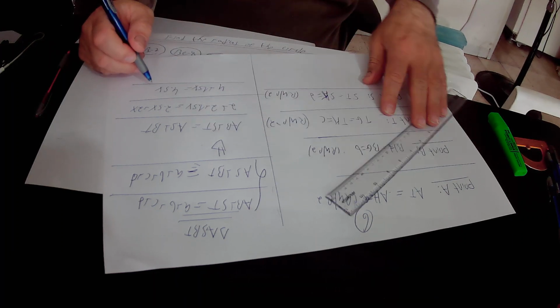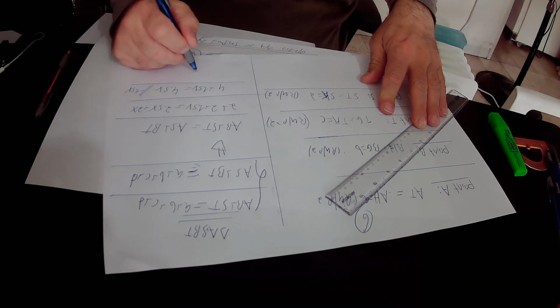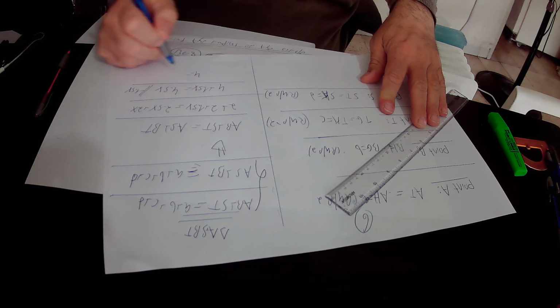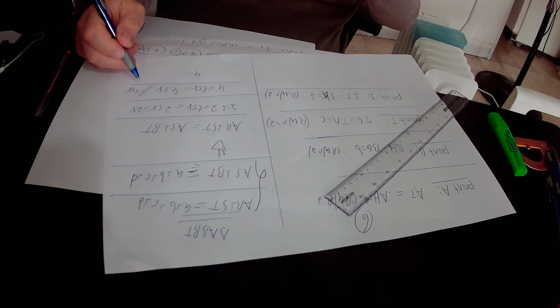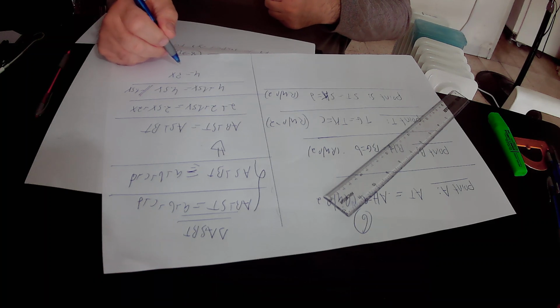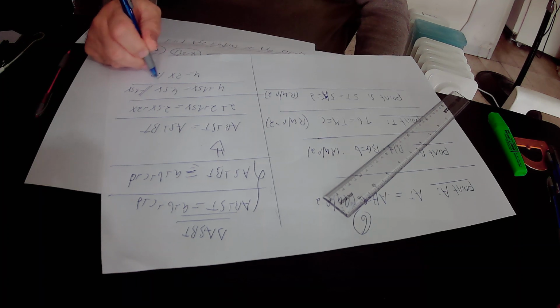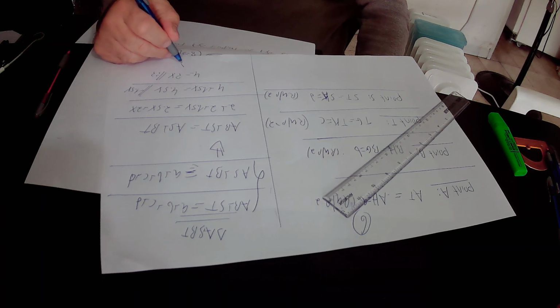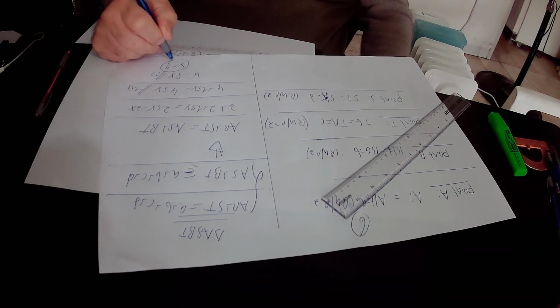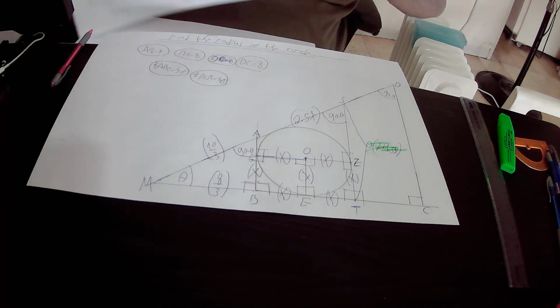Here we subtract 1.5x, and finally we get that 4 equals 4.5x minus 1.5x, which is 3x. Here we divide this equation by 3, and finally we get that x equals 4 over 3 units. So the radius x of this circle equals 4 over 3 units in length.